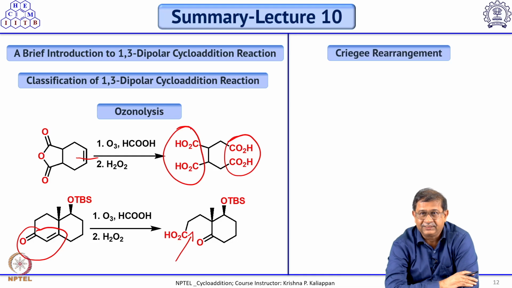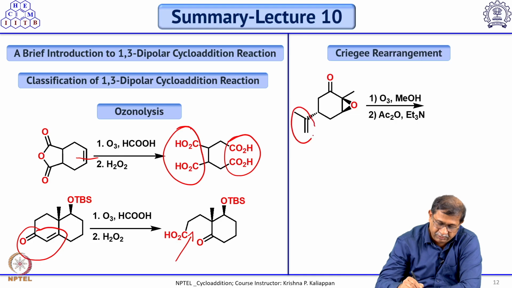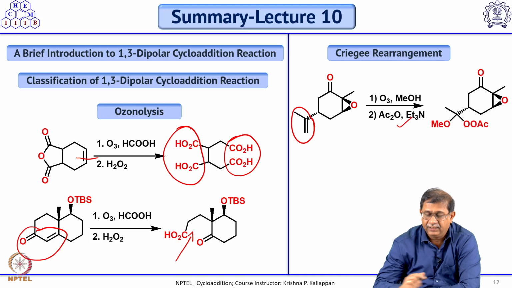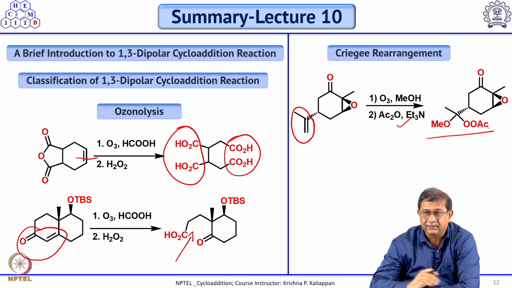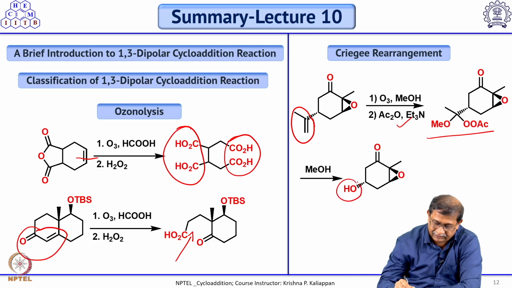So then we touched upon the Criegee rearrangement. The Criegee rearrangement is nothing but, if you have a double bond and then after ozonolysis and treatment with acetic anhydride, it forms this type of peracetate, and that undergoes further rearrangement to give a hydroxyl group.